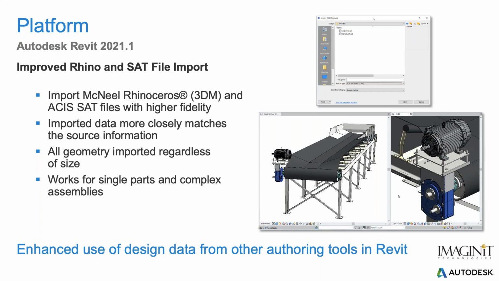That means that the geometry is going to more closely match what the source info had in it versus previously, sometimes you'll bring in geometry and it just doesn't quite look like it did in the Inventor or the Rhino file. Now you're going to get a little bit more complex parts and assemblies that you can bring in. This is a great use for design data from other authoring tools. So it's just a little change to the import settings.